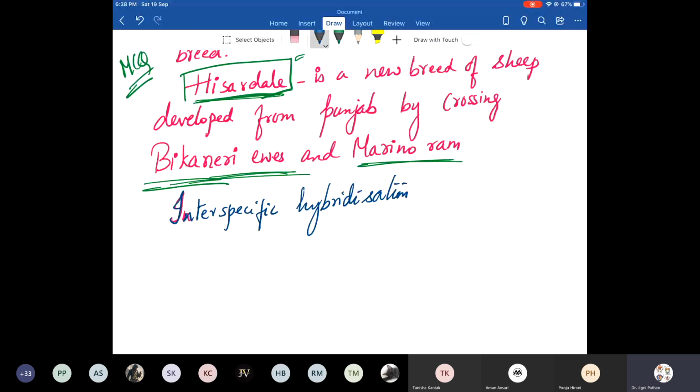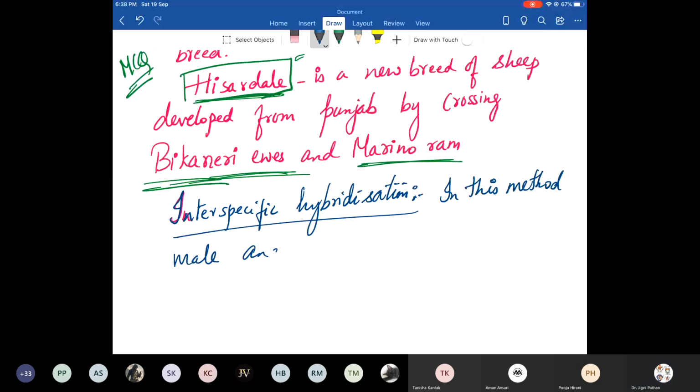In this method, male and female animals of two different species are mated. The species is different here.